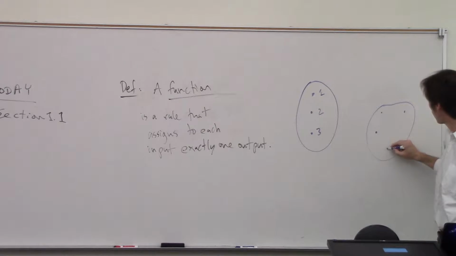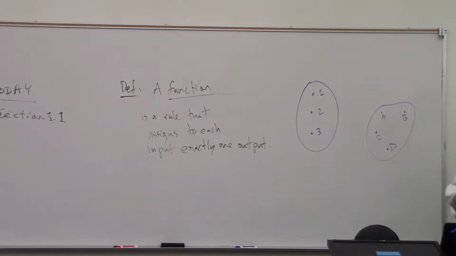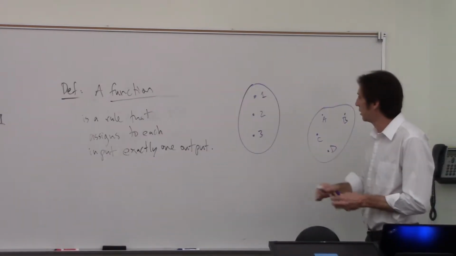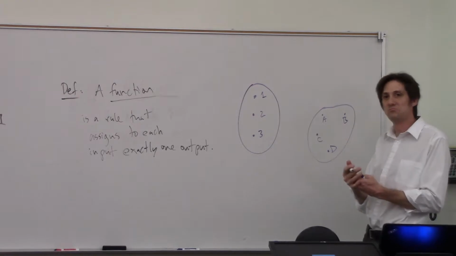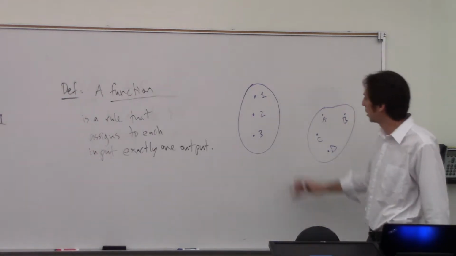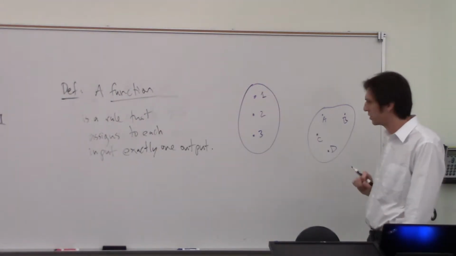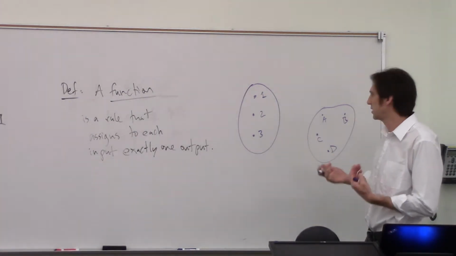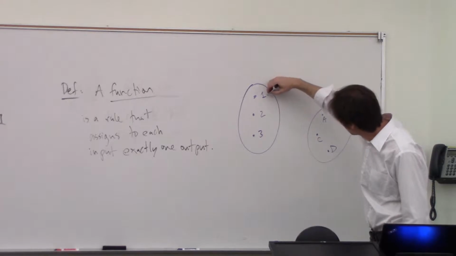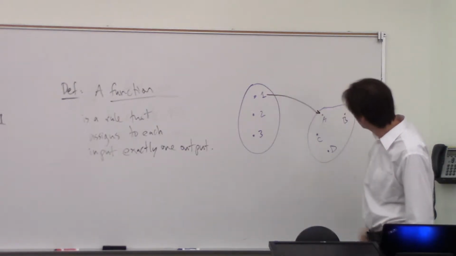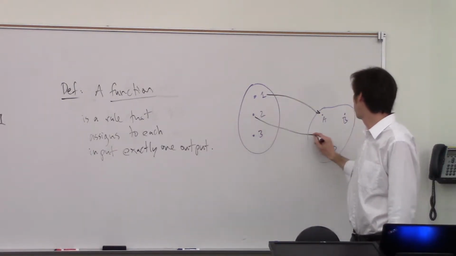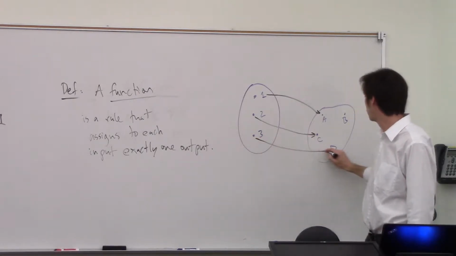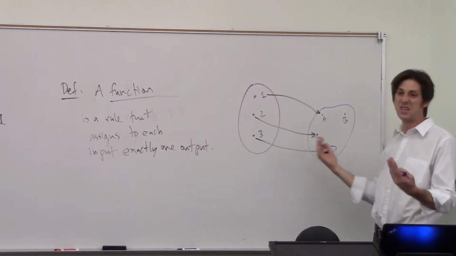Maybe I have 4 objects over here: A, B, C, and D. And then I can define many different functions here, going from one set of objects to another set of objects. And again, there are many ways that we can represent this kind of function. For example, maybe 1 should go to A, maybe 2 should go to C, and then this object 3 can just be mapped over to D.